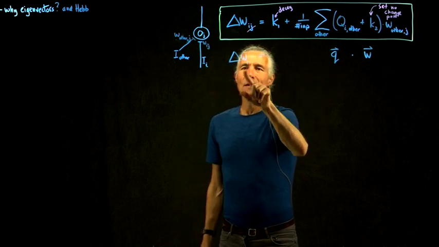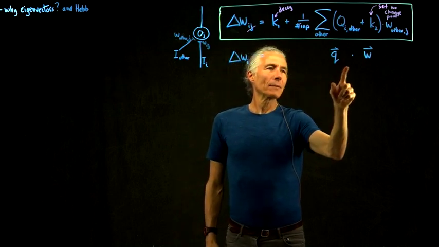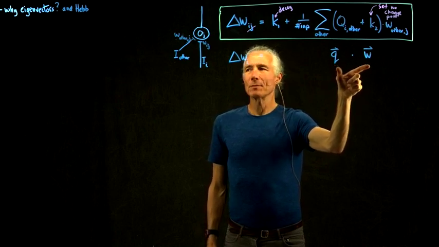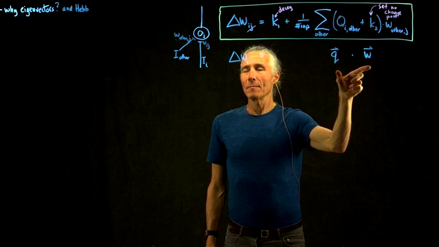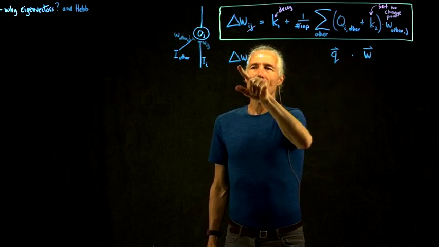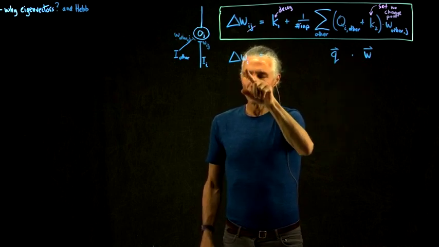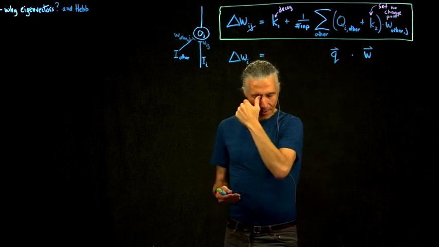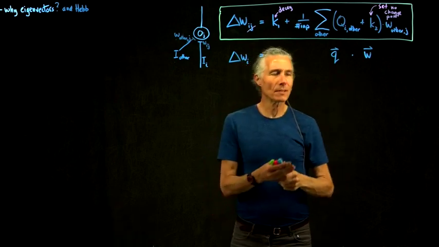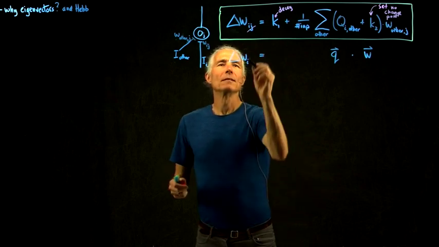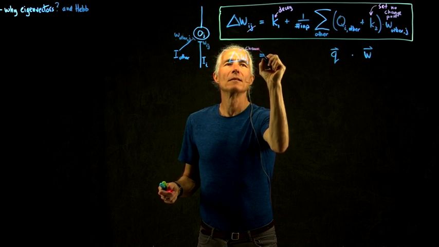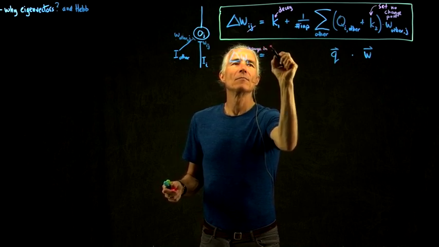And so this says one weight is basically equal to a dot product between these two vectors. And when you do a dot product between vectors, you end up with a number. And so the change in one weight is basically equal to this dot product. So this is the change in one weight.